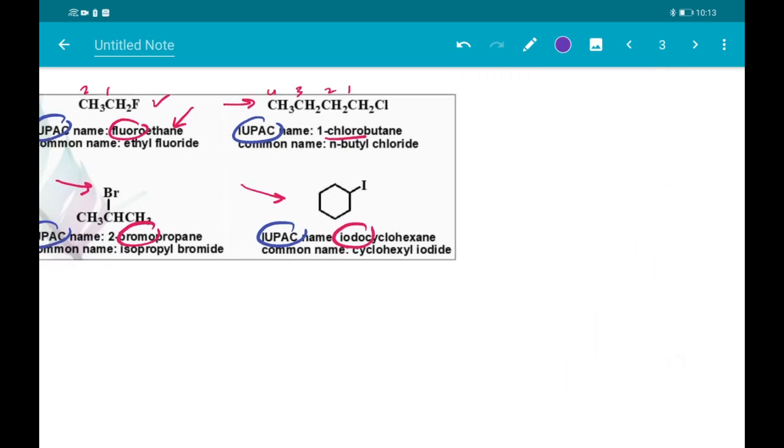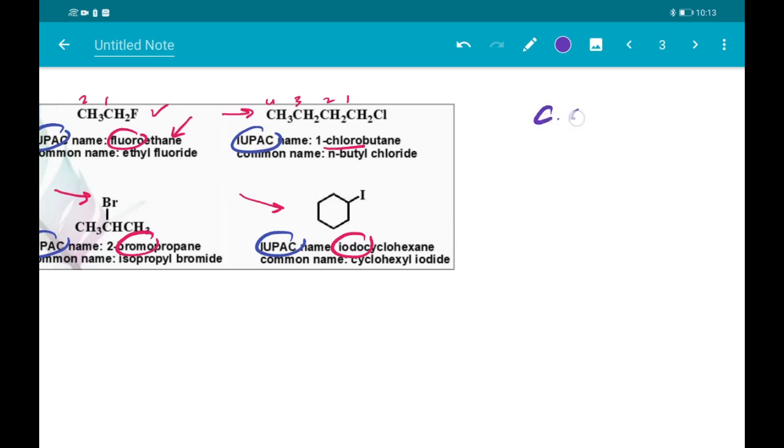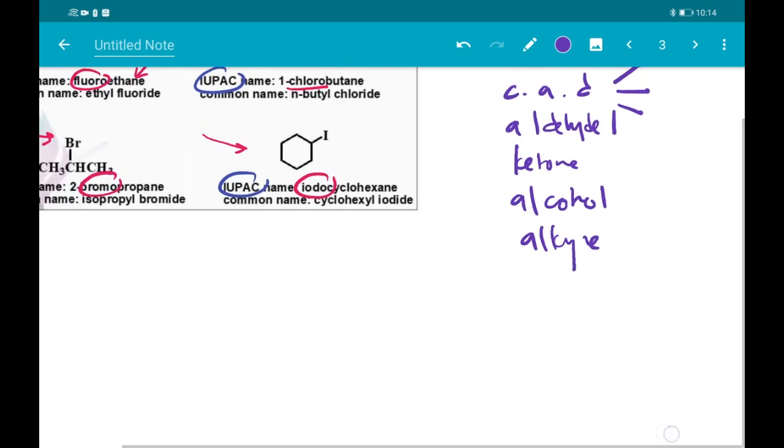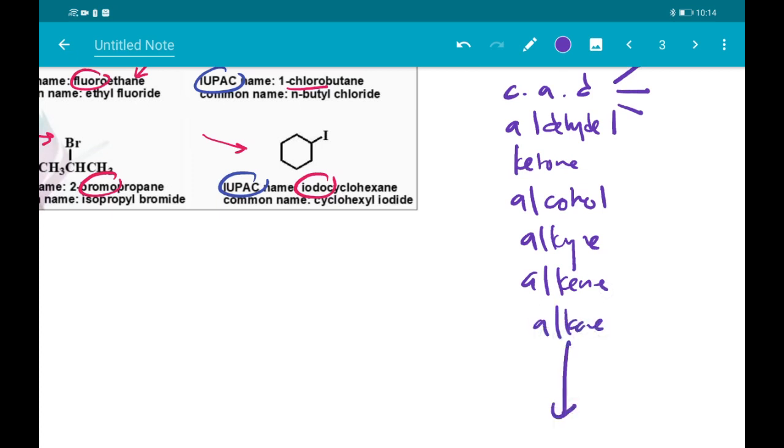The highest priority to become the parent chain is carboxylic acid, followed by carboxylic acid derivatives: we have the acyl halide, the anhydride, the ester, and also the amide, followed by aldehyde, ketone, alcohol, alkyne, alkene, alkane, and the rest will have lower priority compared to alkane, including the halogen compounds.